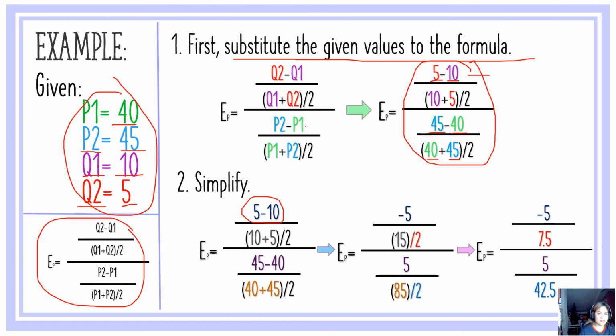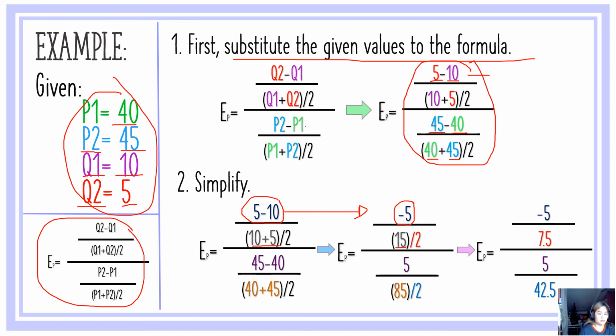Let's go to the topmost part. 5 minus 10 is going to be negative 5. Next, let's proceed to the values inside the parentheses. 10 plus 5 is going to be 15, and just copy, divided by 2.